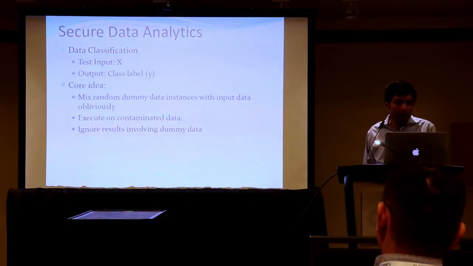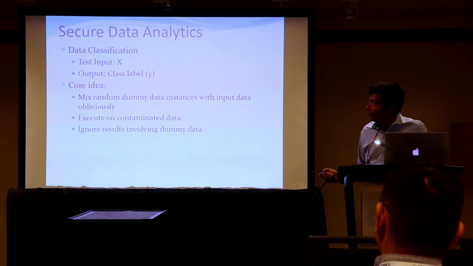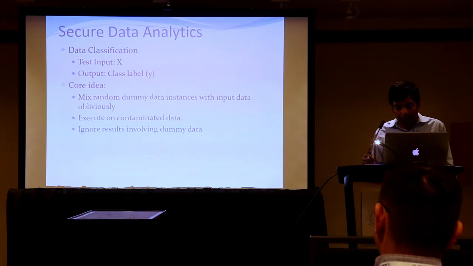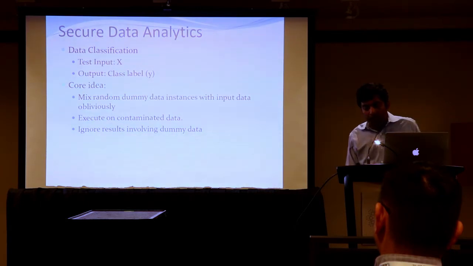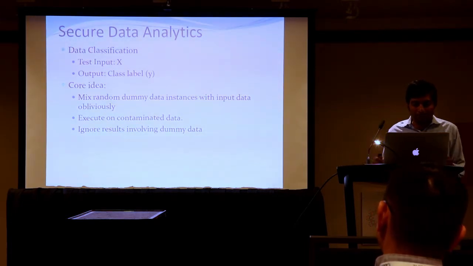So how can we do it? The idea is this: when the test data comes, we want to predict the class label. We assume the decision tree is given, and from there we build a fully balanced decision tree.